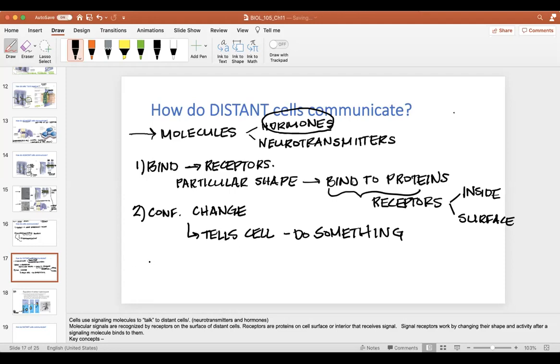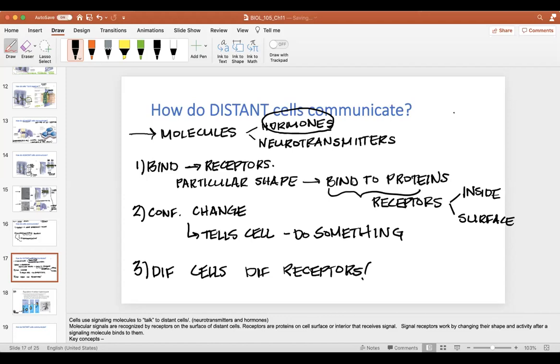Now, the last thing that I want you to know is that different cells have different receptors, okay? Now, this is a really important concept.